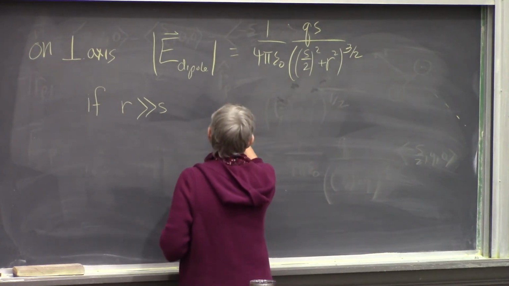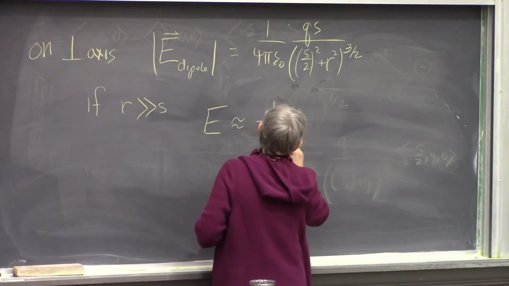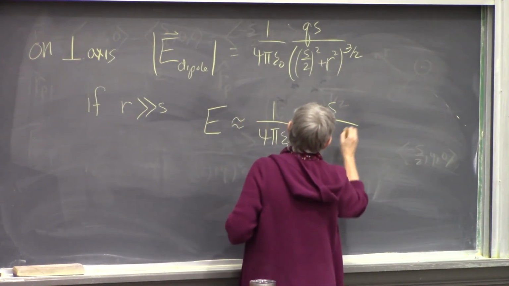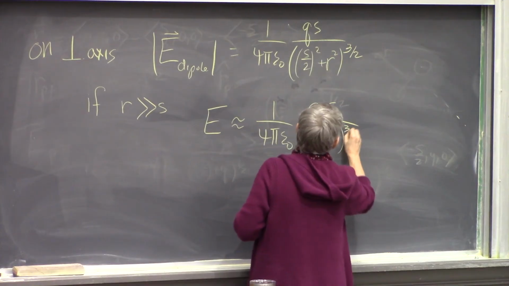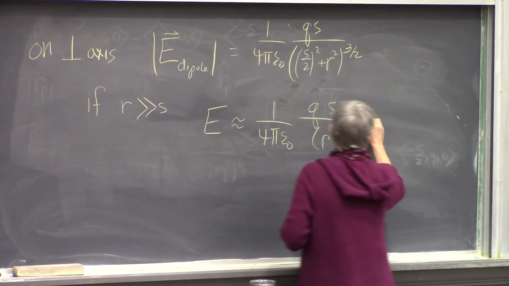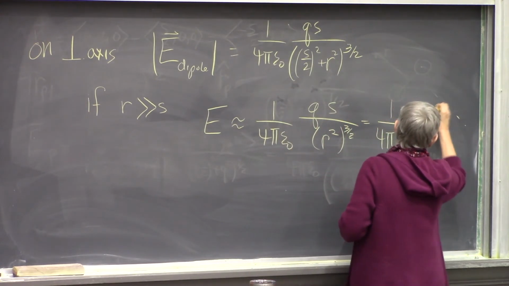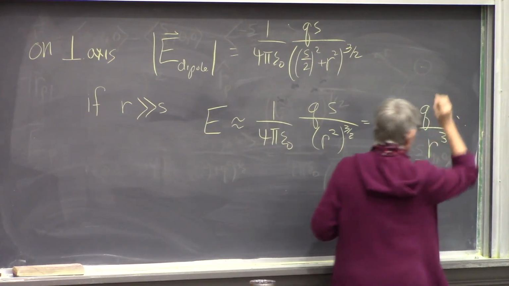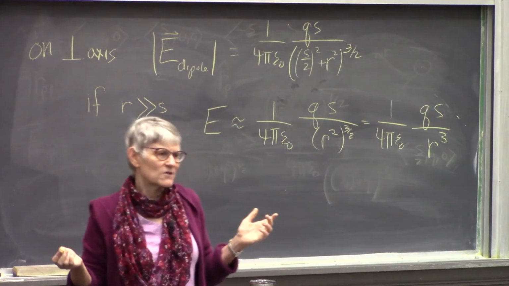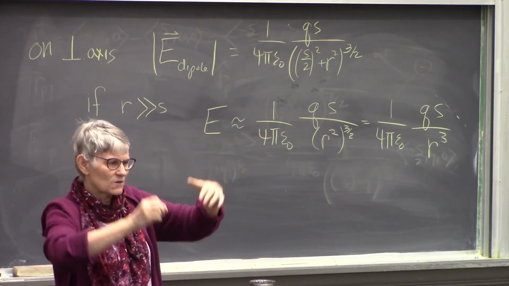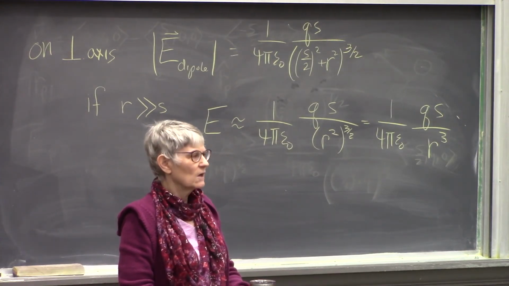So this is approximately 1 over 4 pi epsilon 0 qs over r squared to the 3 halves, which in fact gives us 1 over 4 pi epsilon 0 qs over r cubed, which is what we guessed from looking at our calculations. We guessed that it was going to fall off like 1 over r cubed, and it actually does.